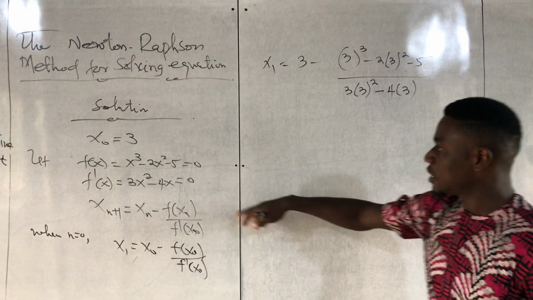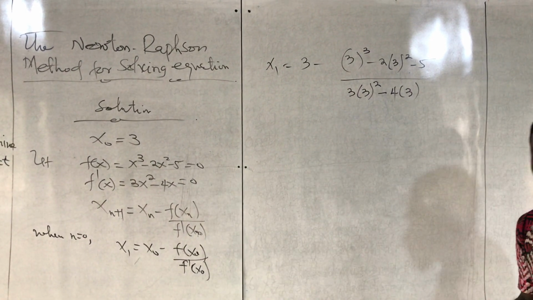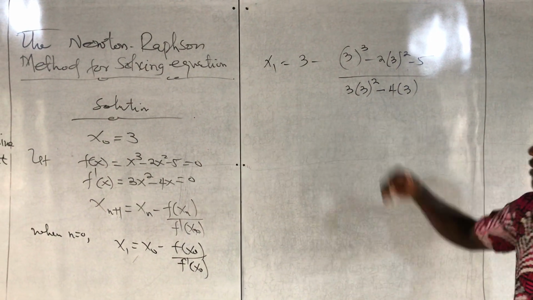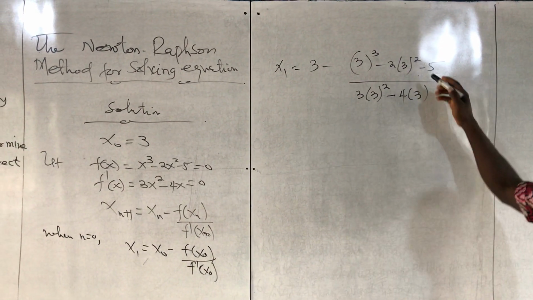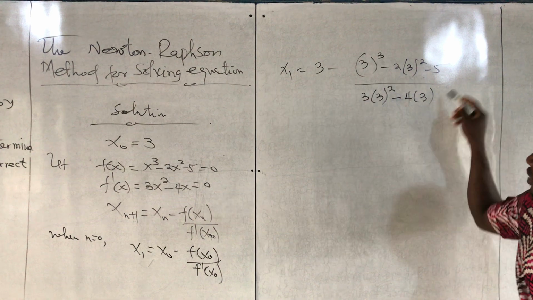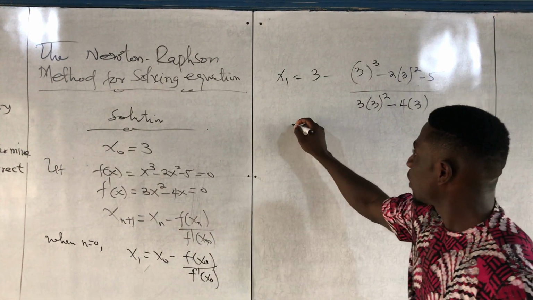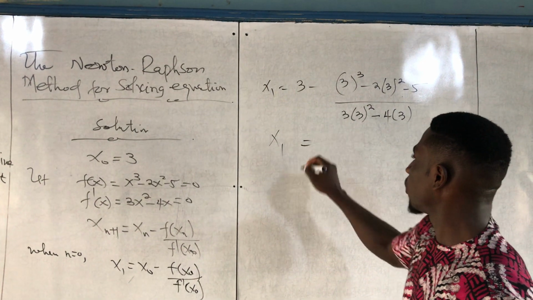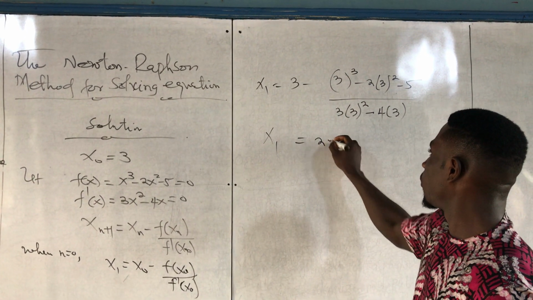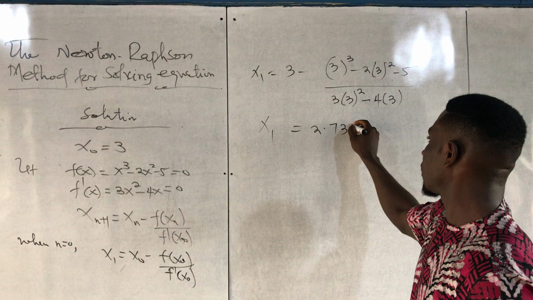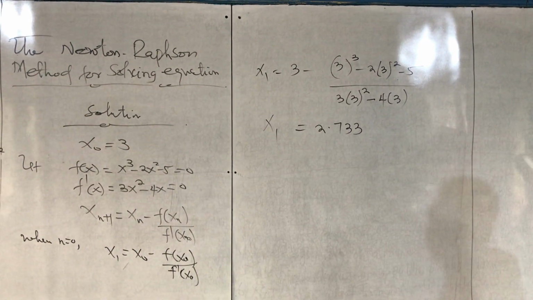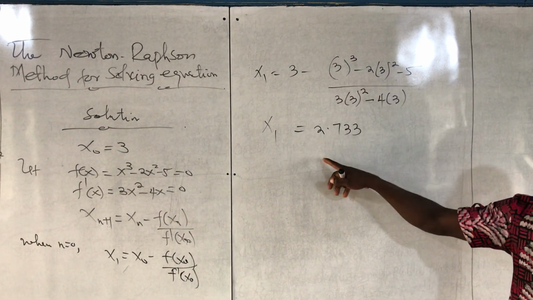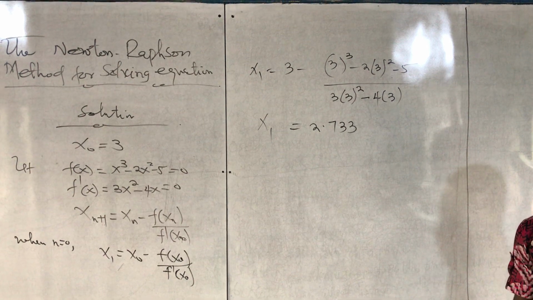So we are using this function to do that. Do you understand that? Now once you have this, when you evaluate all this, this will give us x1 equal to 2.733. Do you understand that?